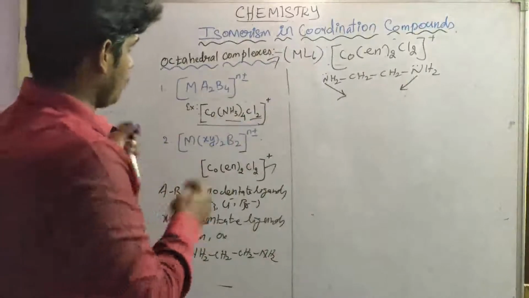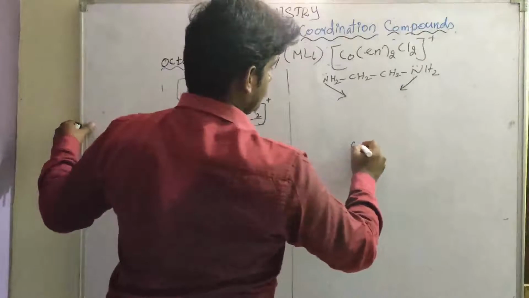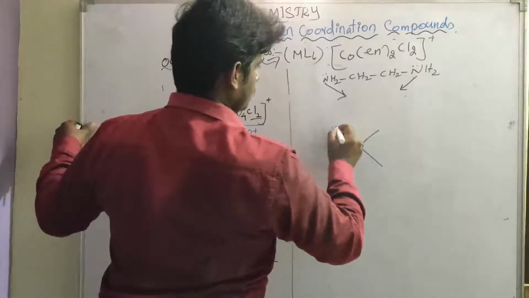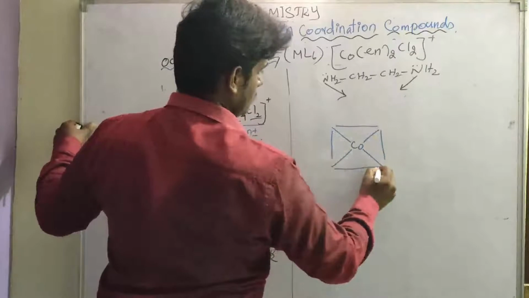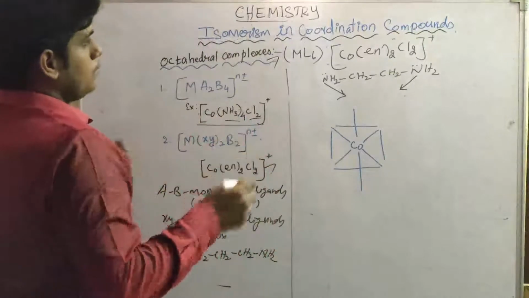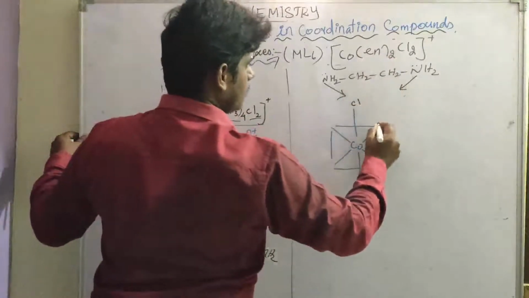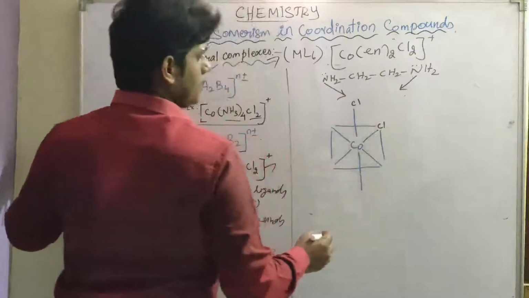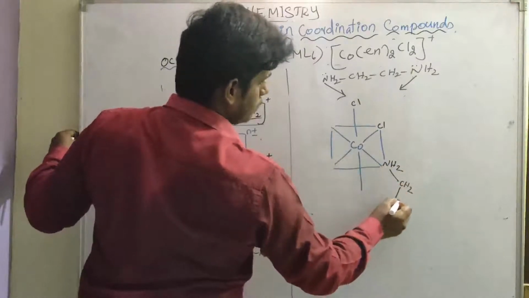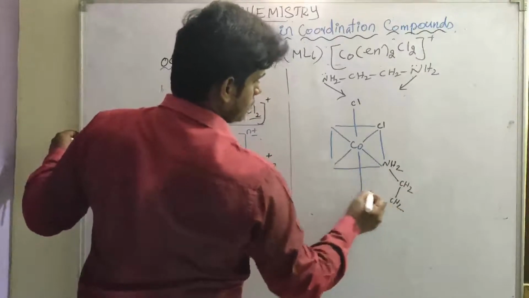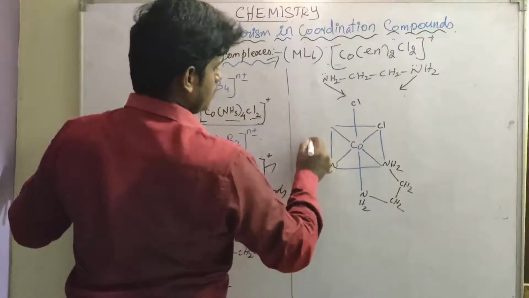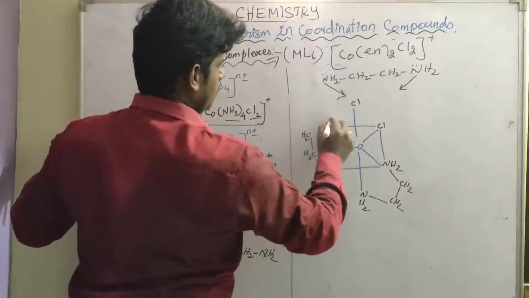Okay, now you can take cobalt. Two chlorine atoms, Cl, and the remaining are NH2 CH2 CH2 NH2, and another NH2 CH2 CH2 NH2.